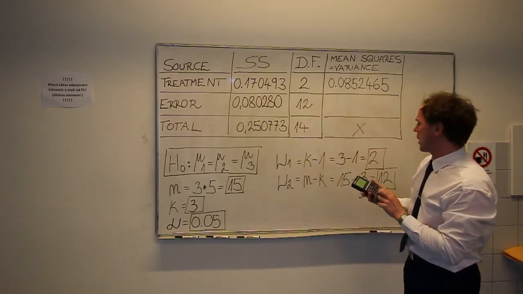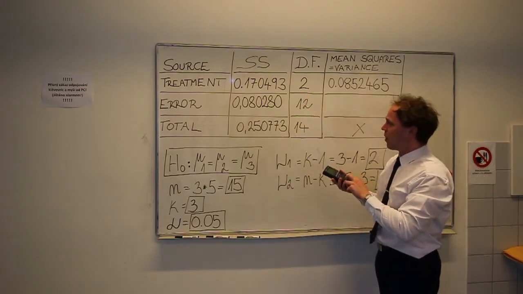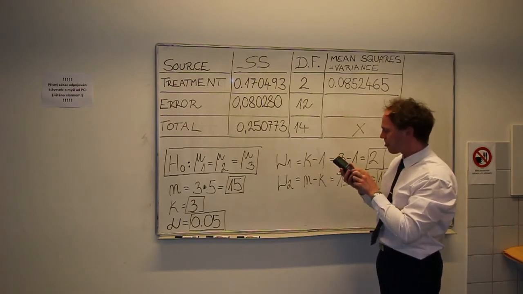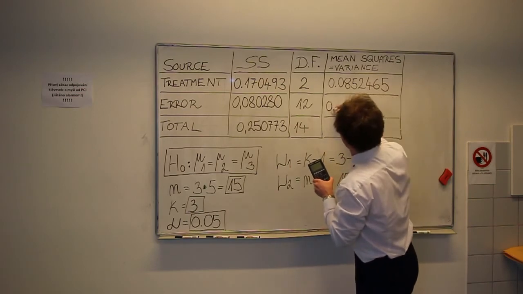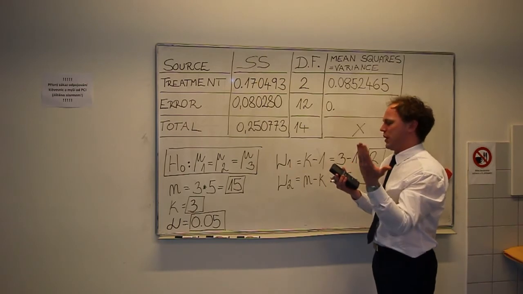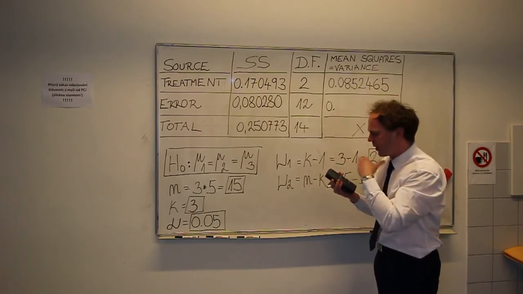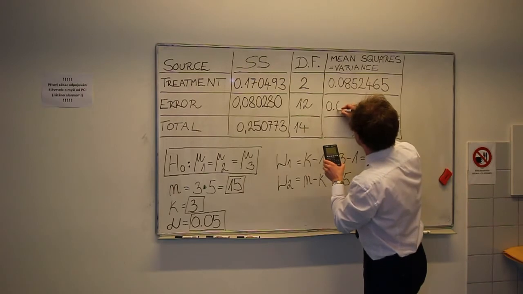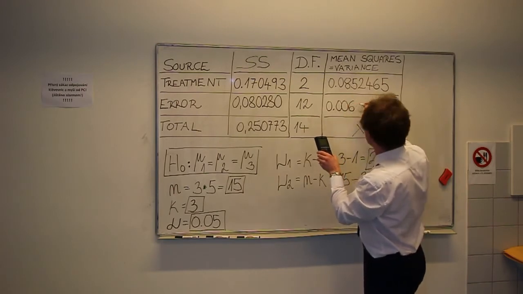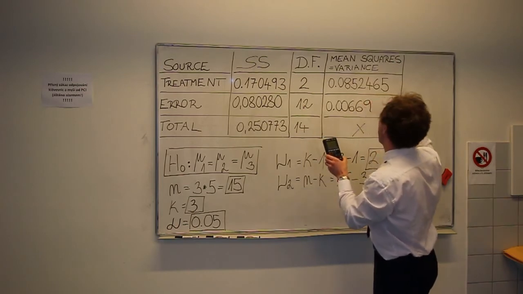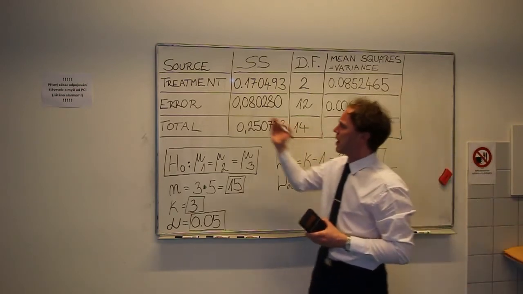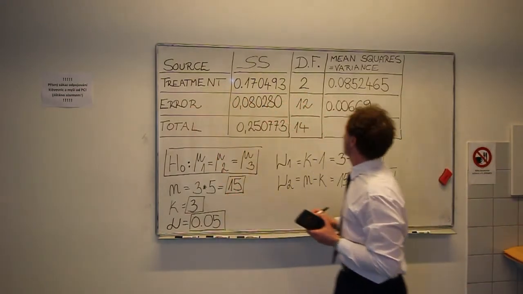So 0.080280 divided by 12. The result is 6.69 exponent minus 3, so 0.00669. So we have here two variances, treatment variance and error variance.